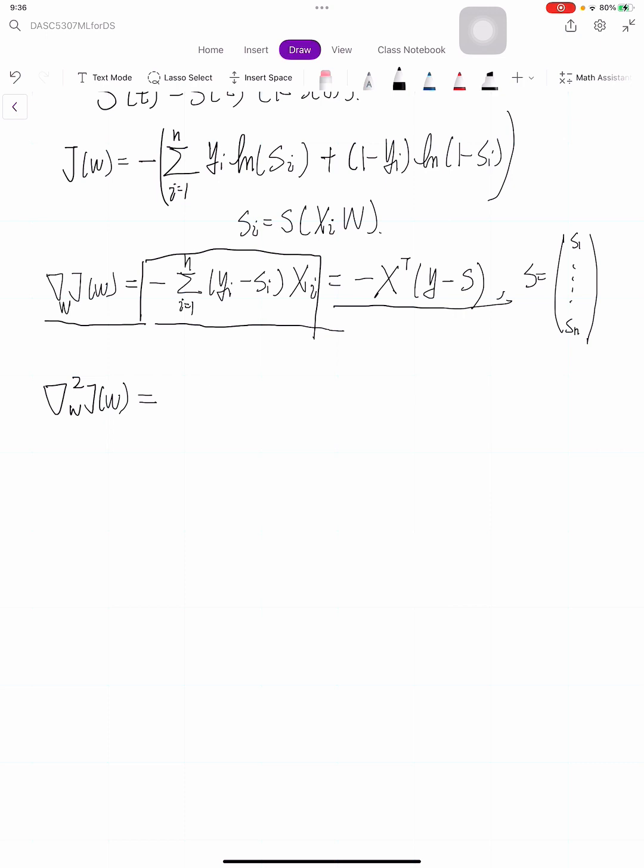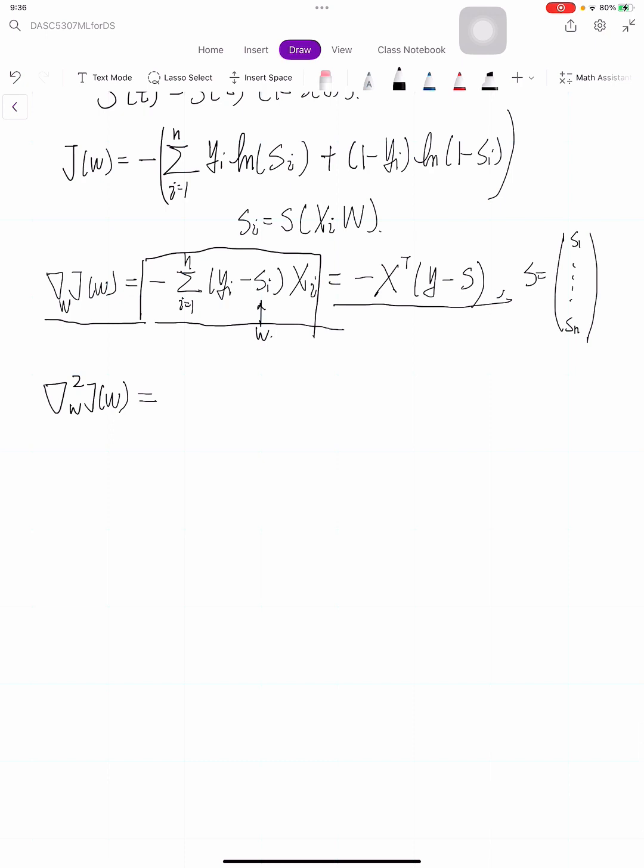The term y_i has no w inside, x_i has no w inside, so there's only w in s. So we only need the derivative of s with respect to w, and y_i and x_i are constants.